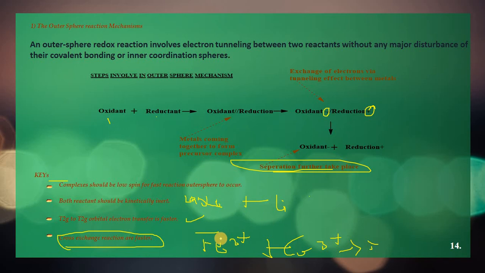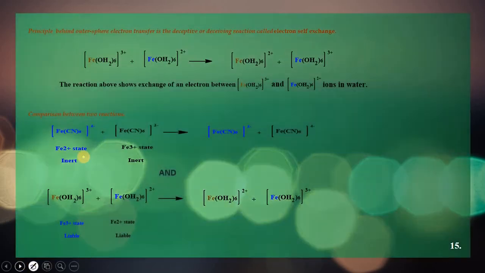But if you are having Fe2+ plus Fe3+, it will be very slow because it is not a cross exchange reaction. So a cross exchange reaction like this, Fe2+ and Co3+, that will give rise to Fe3+ plus Co2+, will be a very fast process.